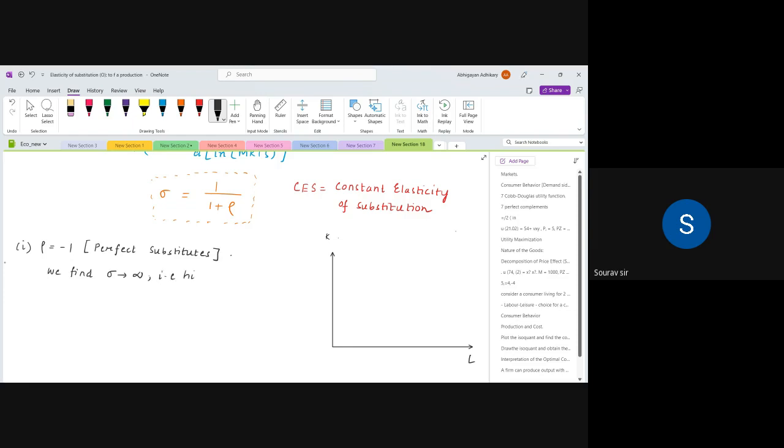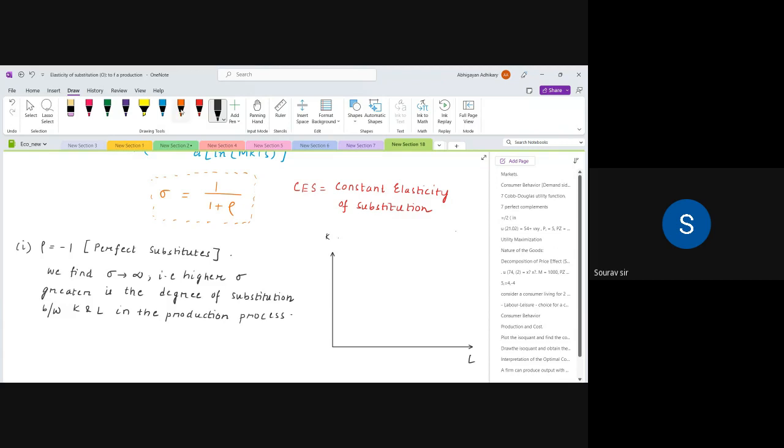That is, the higher the sigma, the greater is the degree of substitution between K and L in the production process. Correct? The higher the value of sigma, the more is the level of substitutability that we have in the production process.